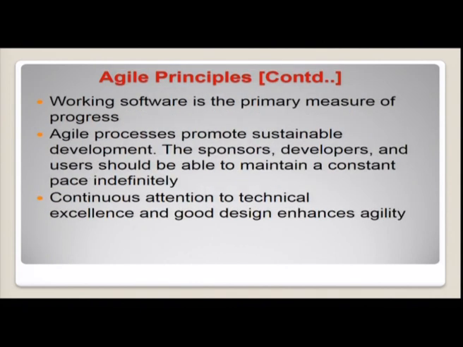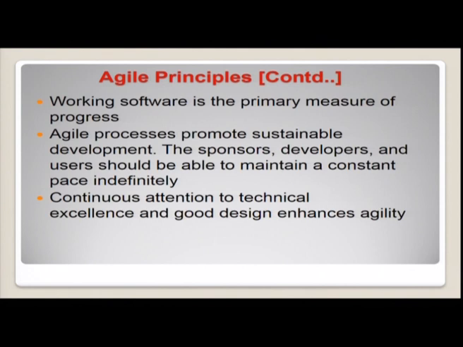The next agile principle is: working software is the primary measure of progress. The more working software you give to the client, the more progressive your project is. The more you can adapt to changes, the more you can satisfy the requirements of the client. Now, the next principle denotes: agile processes promote sustainable development.